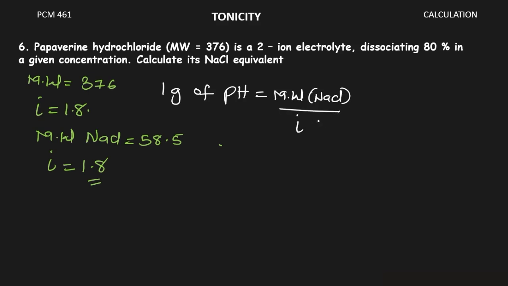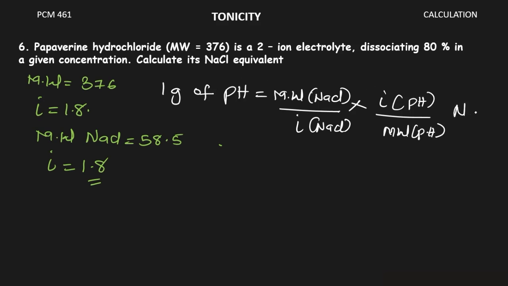the dissociation factor for sodium chloride, times the dissociation factor for the compound, in this case papaverine, divided by the molecular weight of papaverine hydrochloride. So 1 gram of papaverine hydrochloride is equal to this amount of sodium chloride. That is the gram equivalent of papaverine hydrochloride.